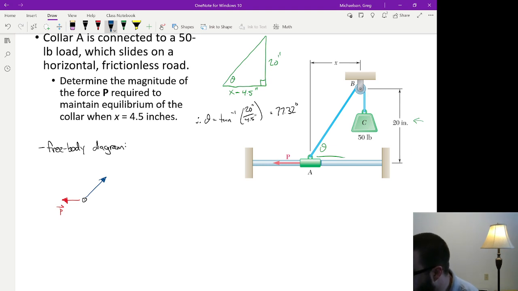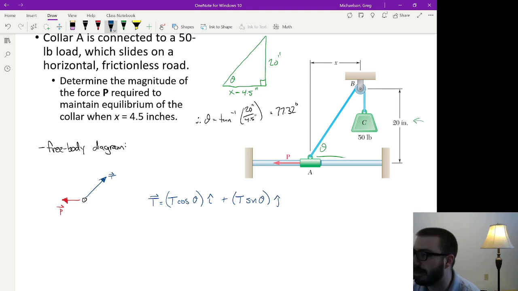Now, the force inside that cable, we'll call that tensile force T. I think the best way of describing T would be the tensile force times the cosine of the angle times I, plus the tensile force times the sine of the angle times J. We haven't yet determined what T is, although it's pretty obvious from the free body diagram.